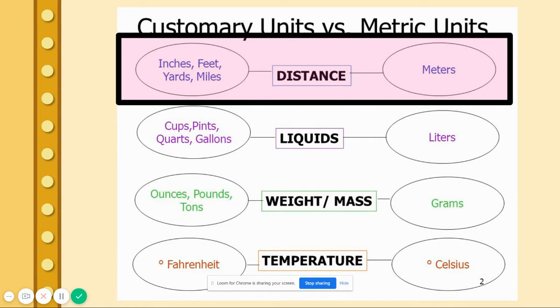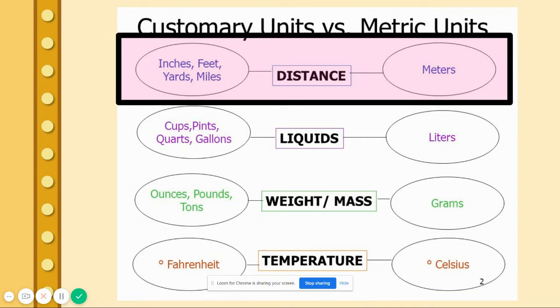We're going to start with distance. I have this highlighted here in pink because today's lesson is going to focus on distance. So what is the distance between two locations? When I talk about my house to school, I'd say, oh, my house is several miles away.